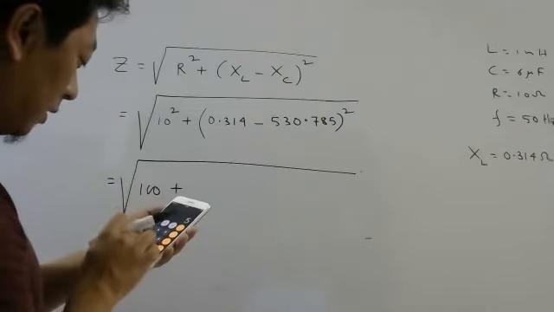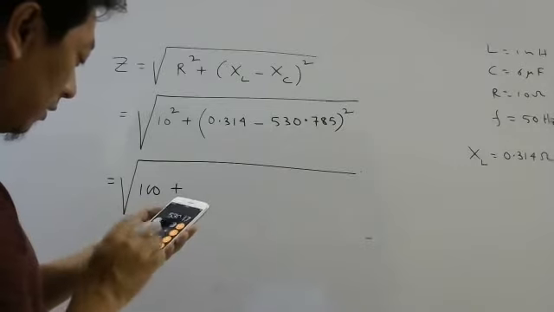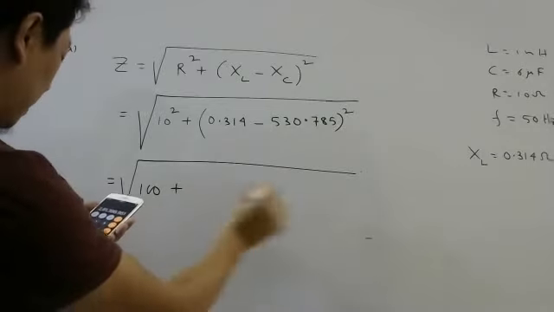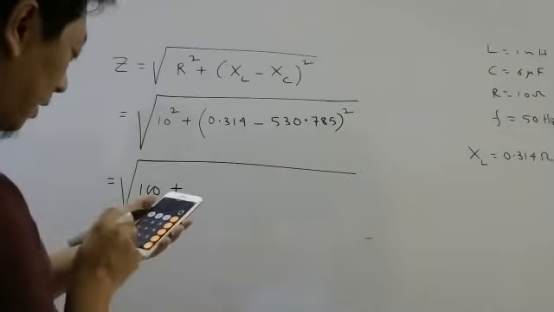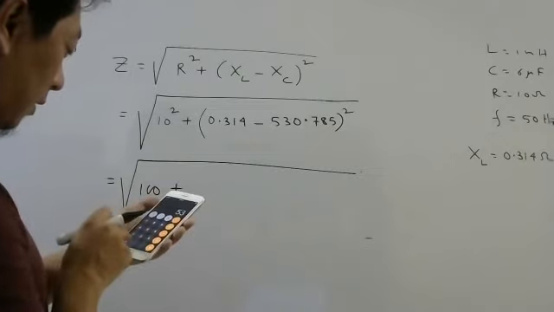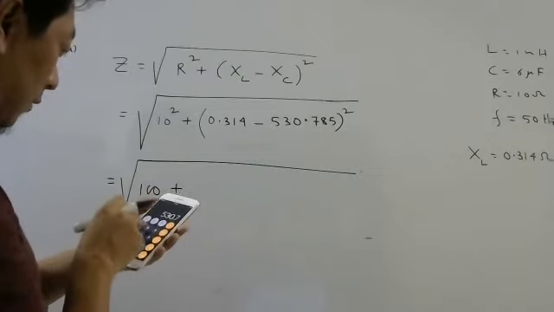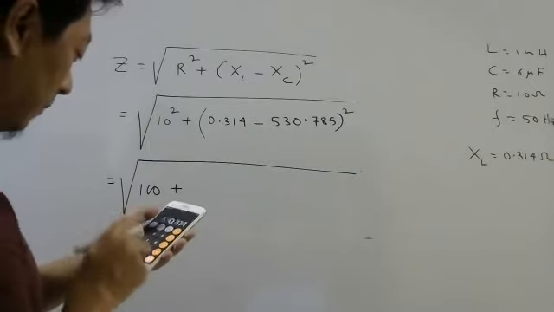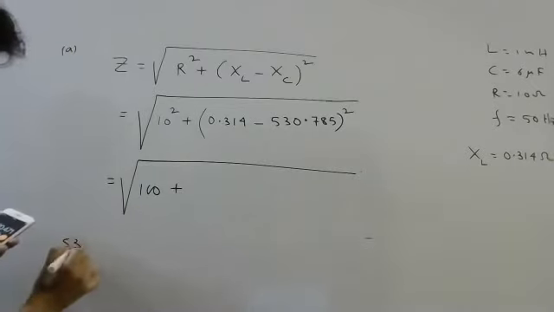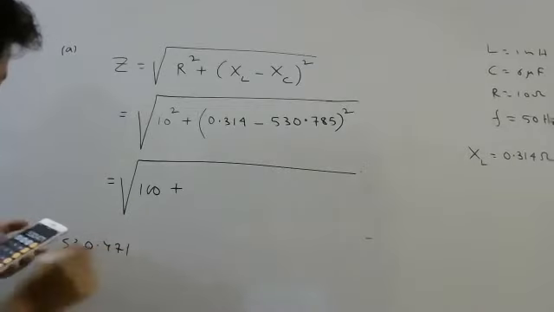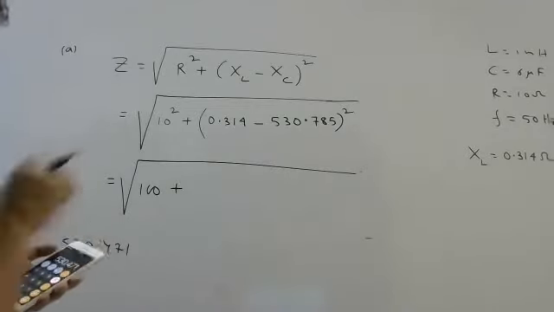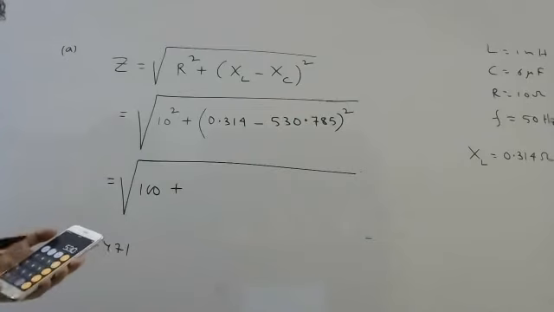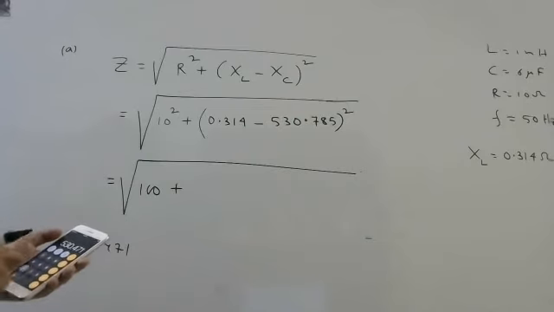So I'm getting around 281. Let me try once more. 530.785 minus 0.314. So that difference is coming 530.471. Then I have to multiply again with same thing, 530.471.